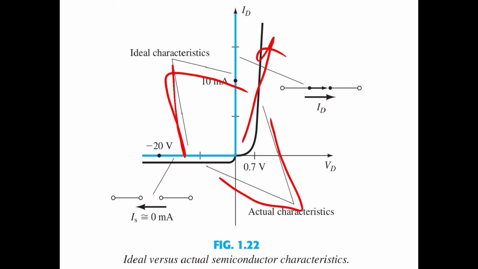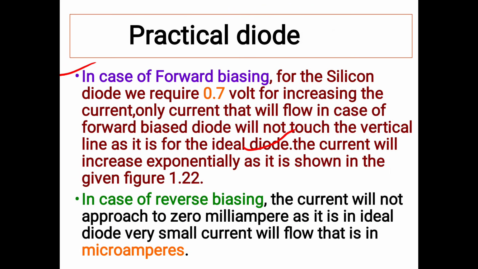So there are some similarities, but there are some differences. The current will increase exponentially as shown in the given figure 1.22. So the current increase will be exponential, not linear.